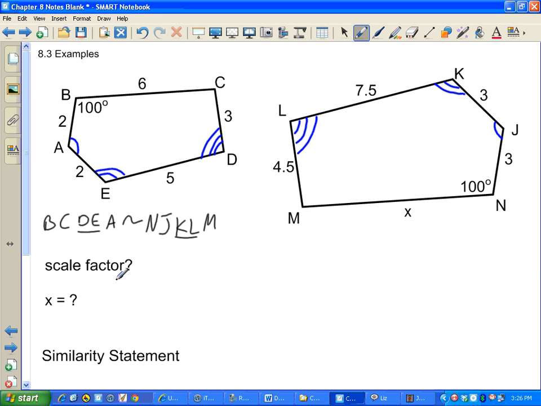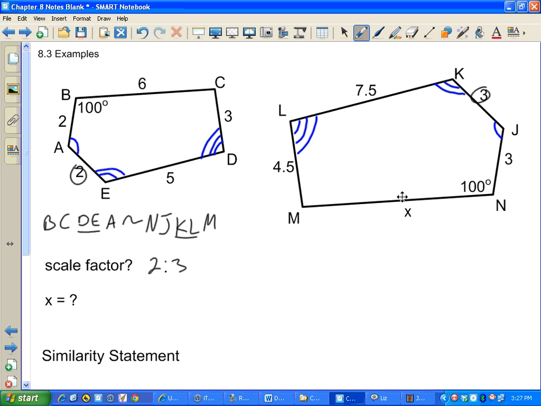Now, what is the scale factor? What's the constant ratio that's happening here? I'm going to have to find two sides that correspond to each other and put them into a ratio. So if I wrote my similarity statement this way, from this shape to that shape, I need my scale factor to be the same way. It's going from this shape to that shape, so it's going to be 2 to 3.